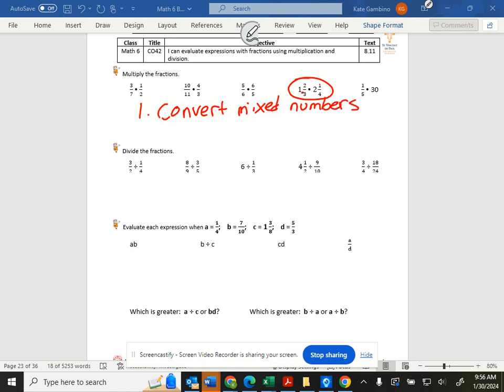So multiply and add. Then you are correct, we multiply across. Are we done? What's my last step, Zelda? Simplify. Simplify, simplify, simplify.